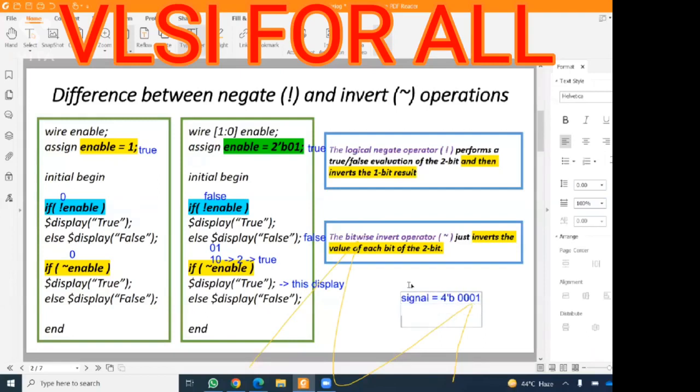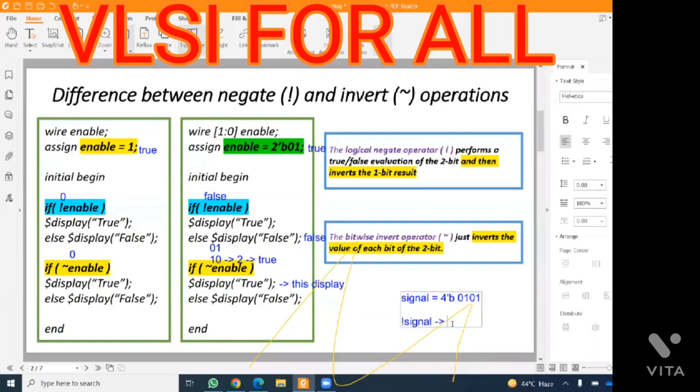Okay, if I do this, what will I get? 0, sir. 0. Okay, and if I do it like this, in this case, what will I get? Still 0. Sorry, what?